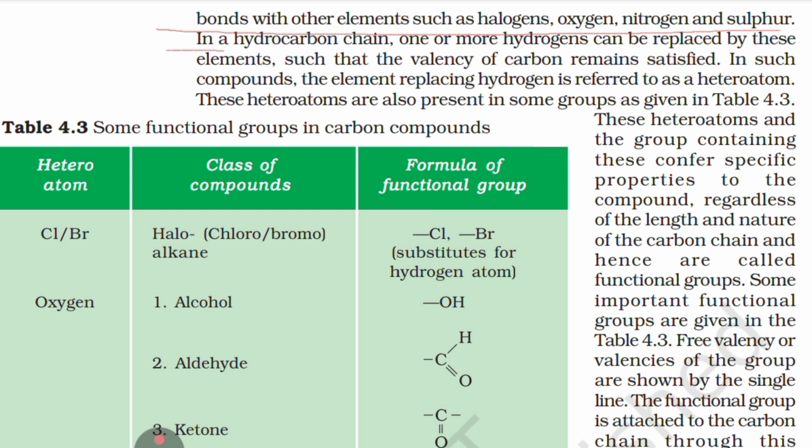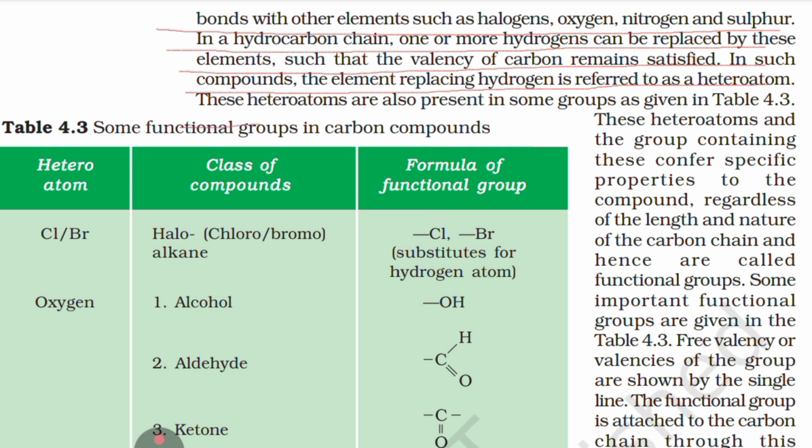In a hydrocarbon chain, one or more hydrogens can be replaced by these elements such that the valency of carbon remains satisfied. In such compounds, the element replacing hydrogen is referred to as a heteroatom.